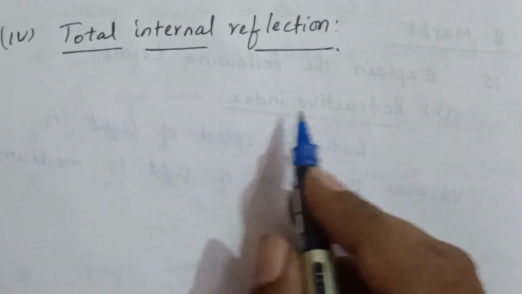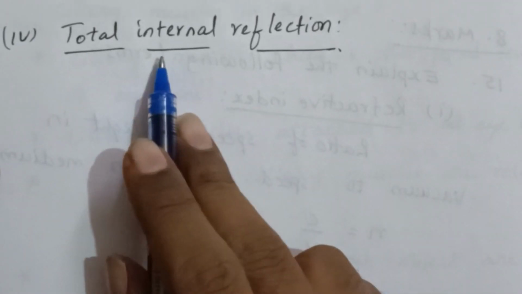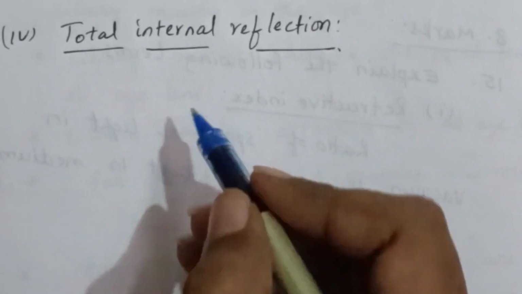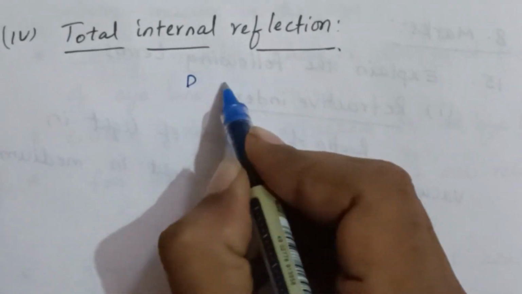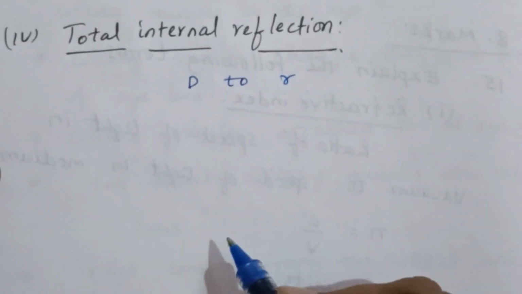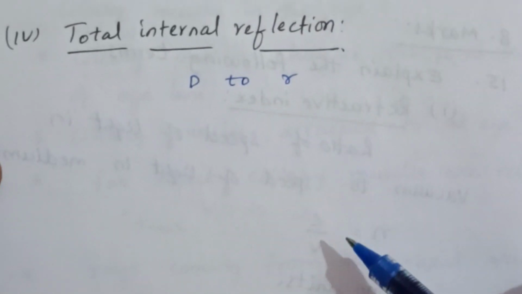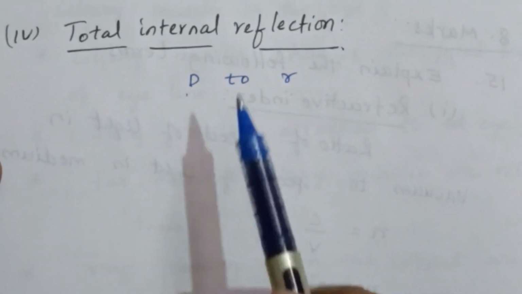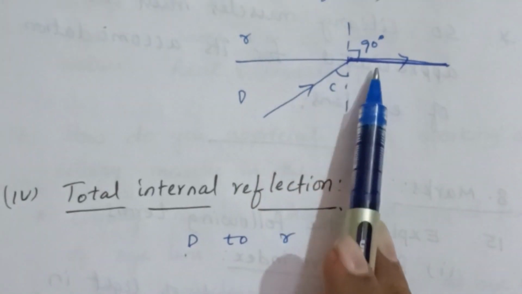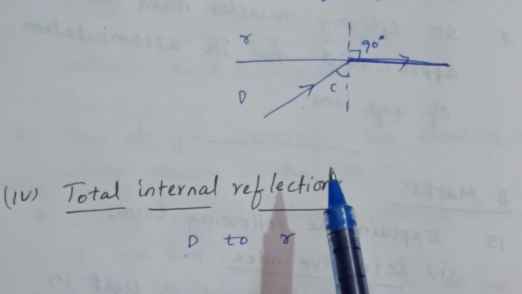Next, total internal reflection. When a light ray travels from denser medium to rarer medium, as already discussed in critical angle, at a particular angle of incidence the light ray grazes along the interface.